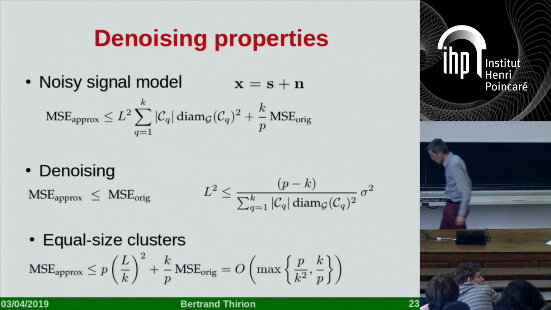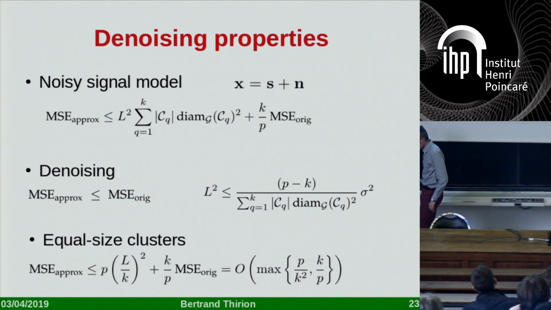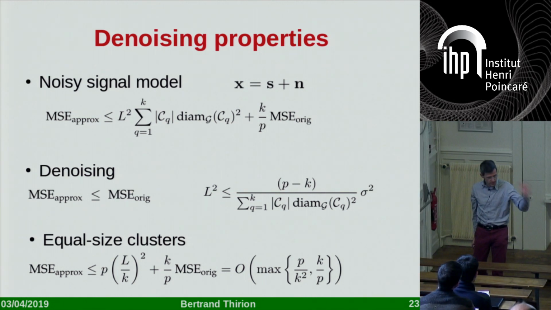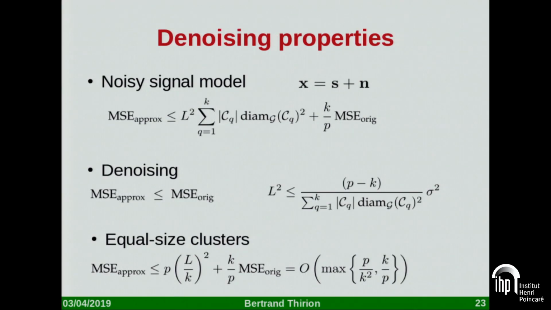Actually, the situation can be a bit better than that, because quite often what you observe is a mixture of signal and noise, where the signal is smooth and the noise is not. It's the case with MRI, because you've got some additive observation noise, which is white.